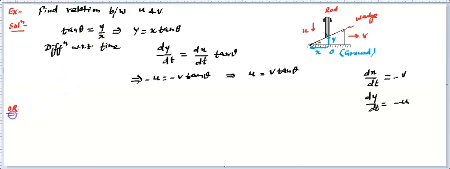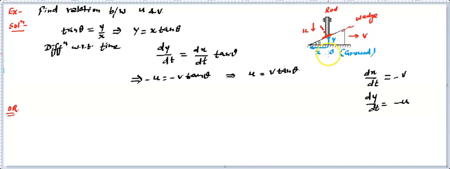Whenever one body slides over another, they remain in contact. Since they remain in contact, this contact surface is shared by the two. That means they are not detaching. So whatever the velocity of one along the perpendicular and of the other along the perpendicular, that will remain the same.